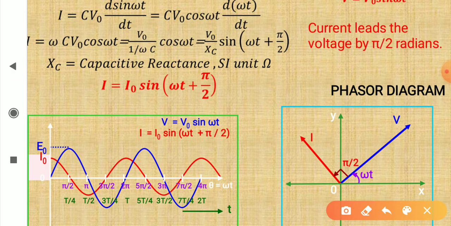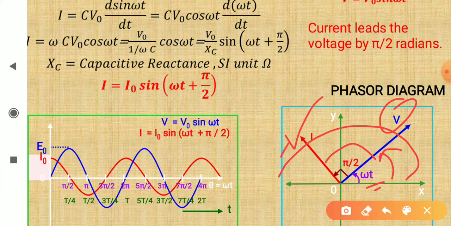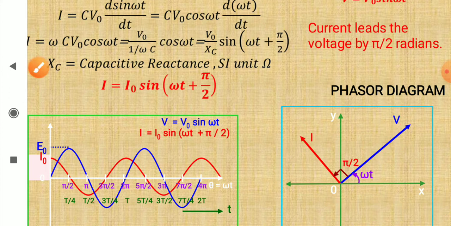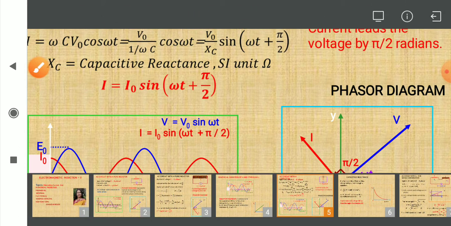This is voltage, V naught sine omega t, as shown here, and current is ahead of it by this angle, 90 degrees. This is current. And we take anti-clockwise rotation here. So this is the phasor diagram, and this is the wave variation.